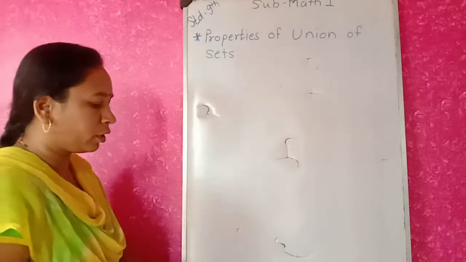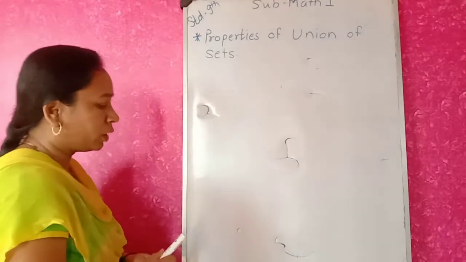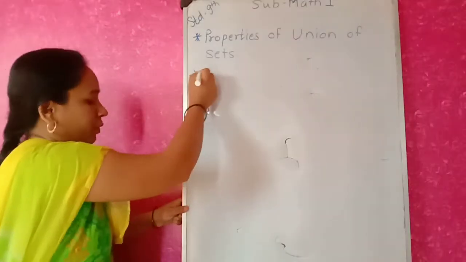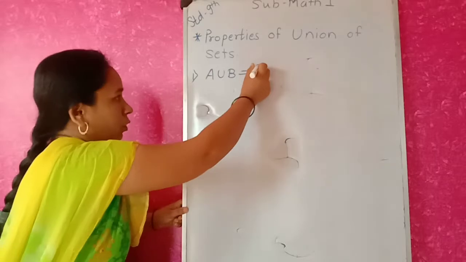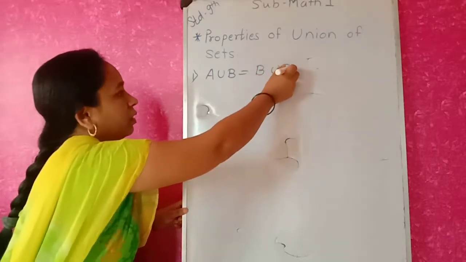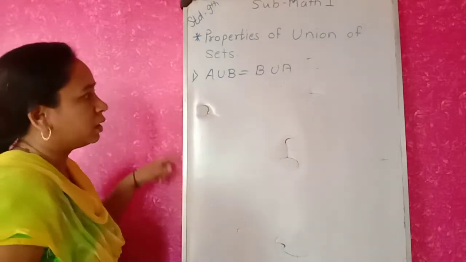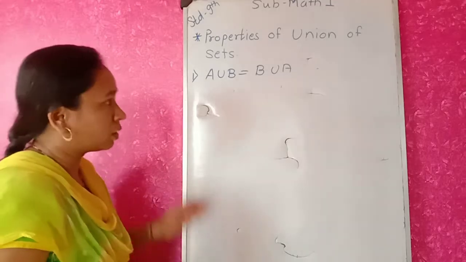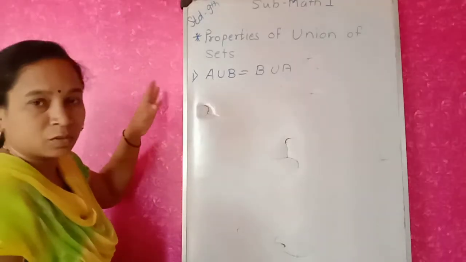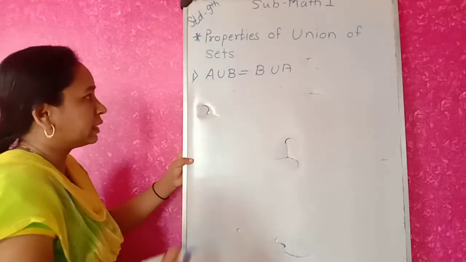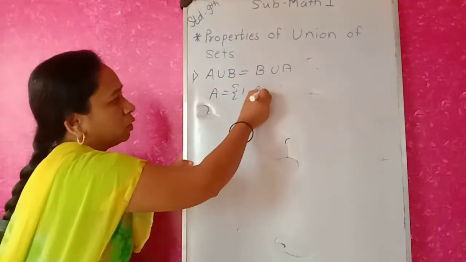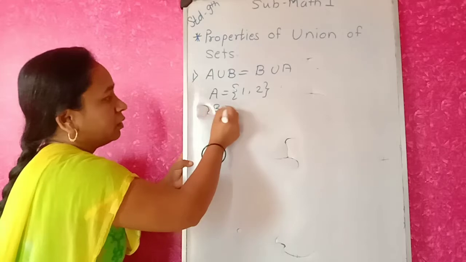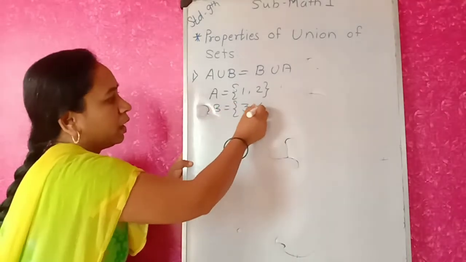Properties of union of sets. Here, the first property is A union B is equal to B union A. Like this property, we have studied it in the intersection of sets, with the help of an example. In the same way, I'll take small sets. A is 1, 2 and B set would be 3 and 4.